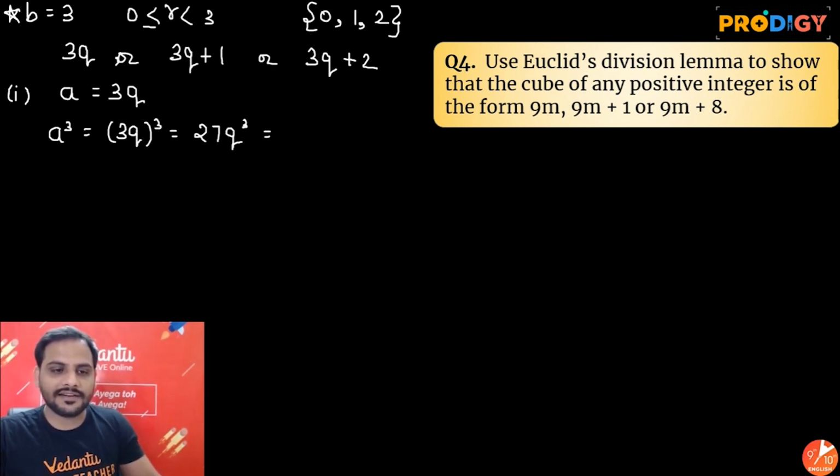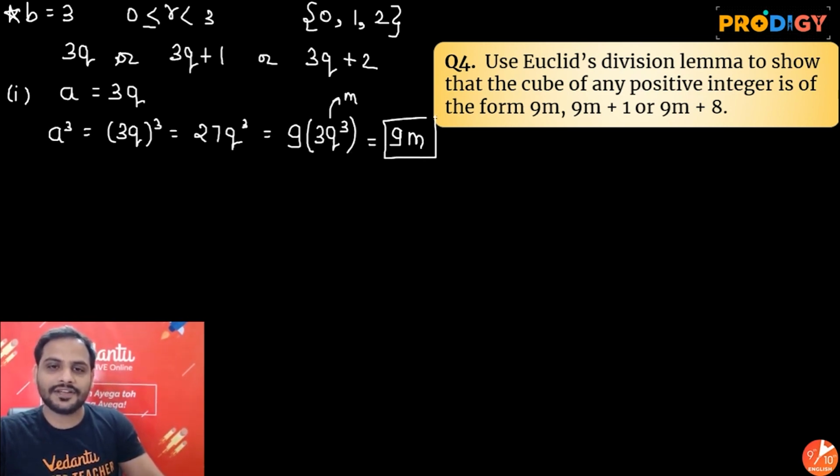So 27 I can write as 9 threes are, and let's say 3q cube is something m. So it is in the form of 9m. Alright. So if a number is in the form of 3q, its cube will be in the form of 9m. Done. Okay sir. Second part.